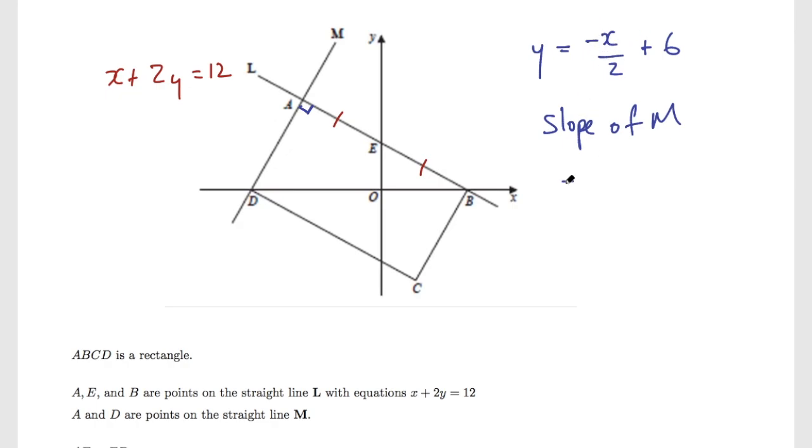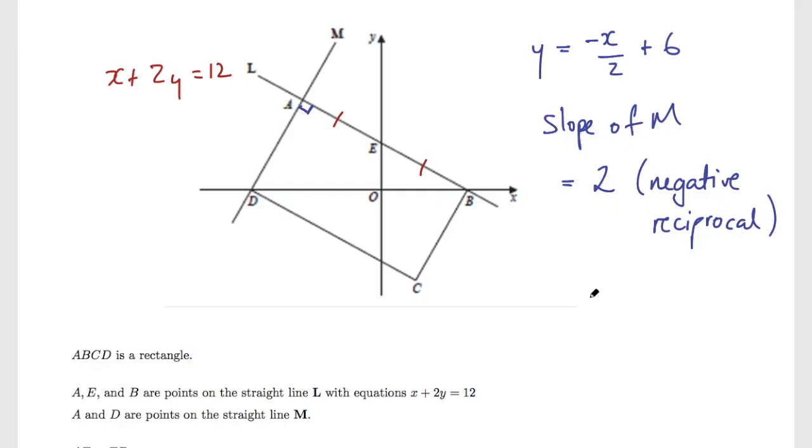So the slope of M is going to be the negative reciprocal of -1/2, which is 2. So that's the negative reciprocal. And look that up if you're not sure what that means.